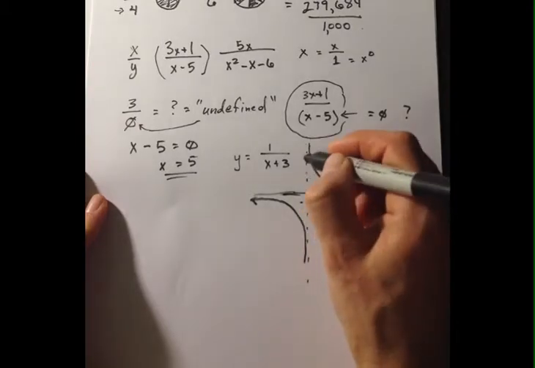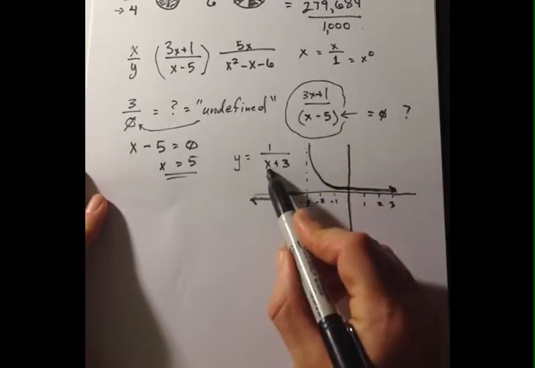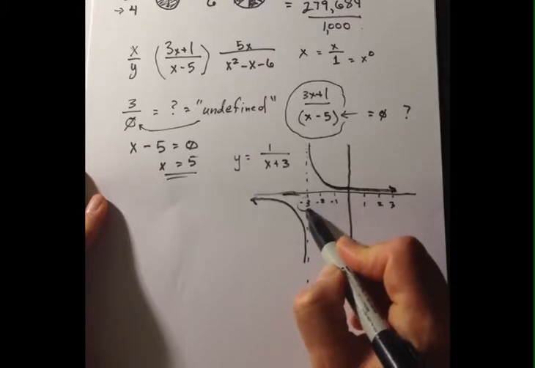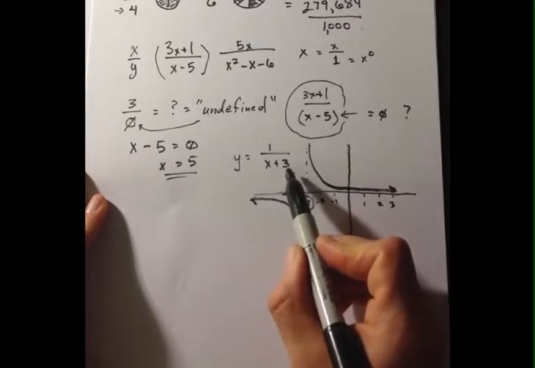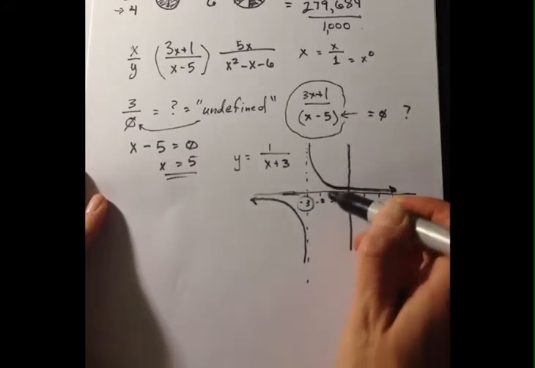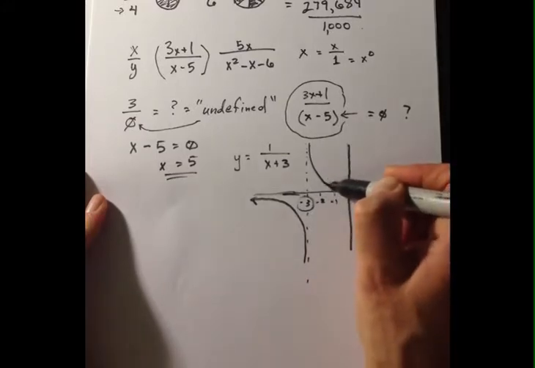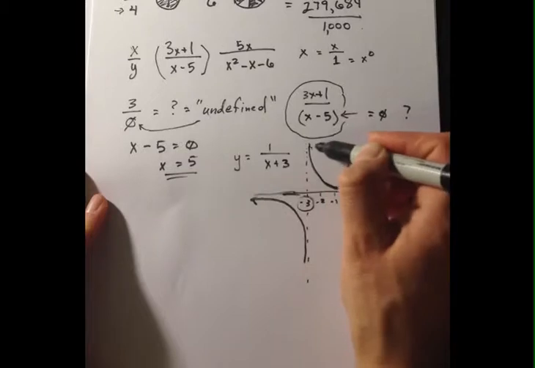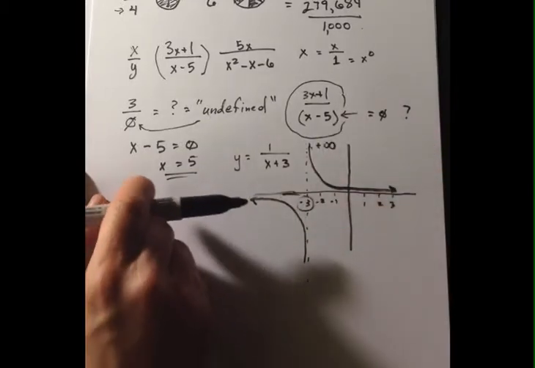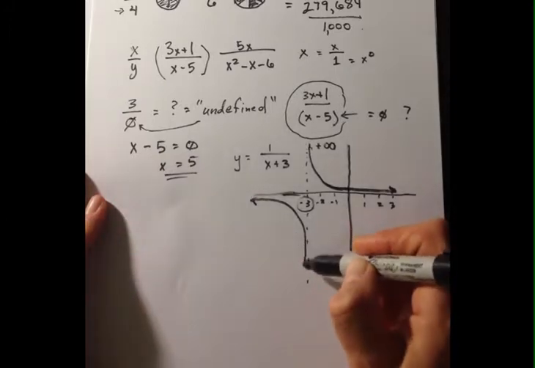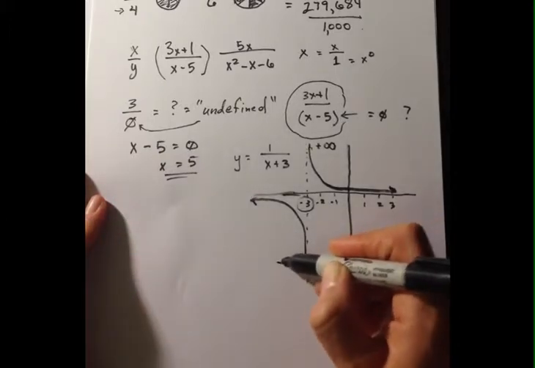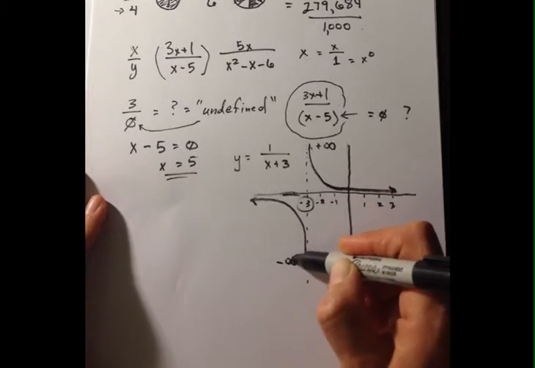What we find is that as x approaches this value of -3, the denominator becomes 0. If you approach -3 from this side, the value of y goes up towards positive infinity. But if you approach x equals -3 from this side, the value of y goes down toward negative infinity.